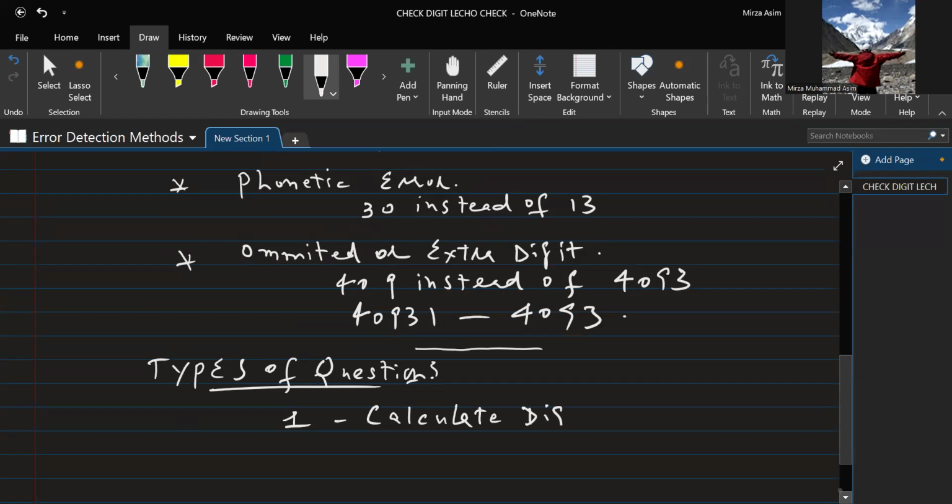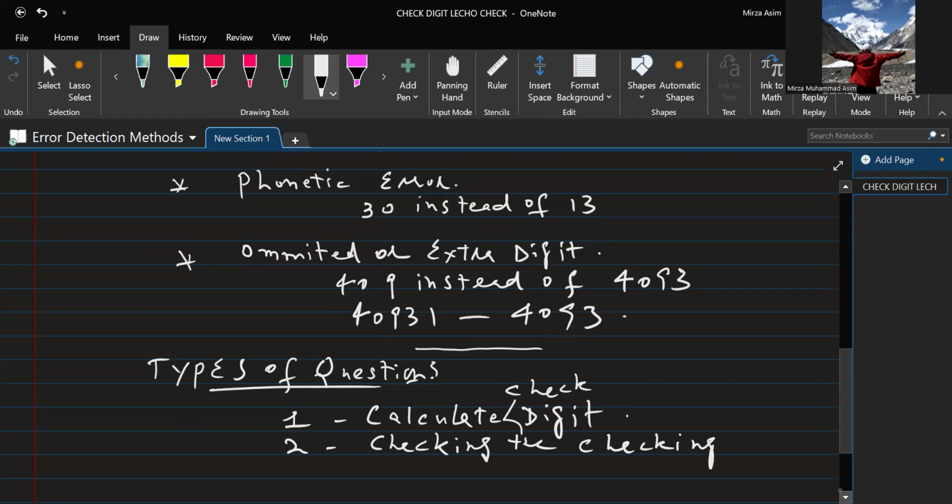And the second one is you need to verify the check digit, whether it's valid or invalid.